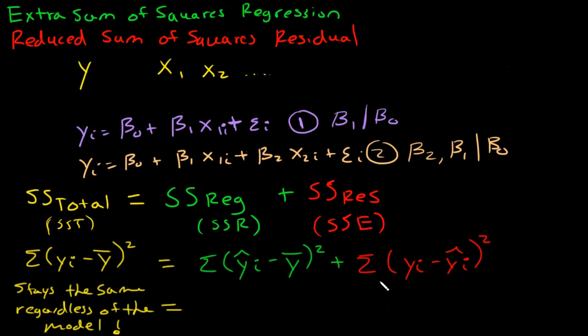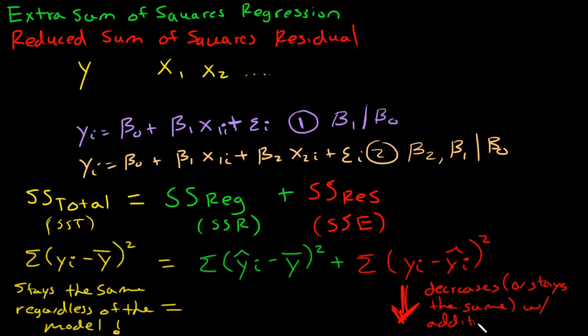Okay, so that is a very key, important point. Let me write it down. So this SS residual decreases, or stays the same, if x2 did nothing to help me, or stays the same with additional model parameters. Let me scroll down a little bit.